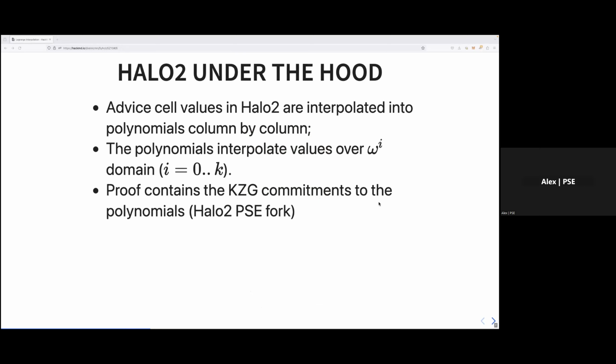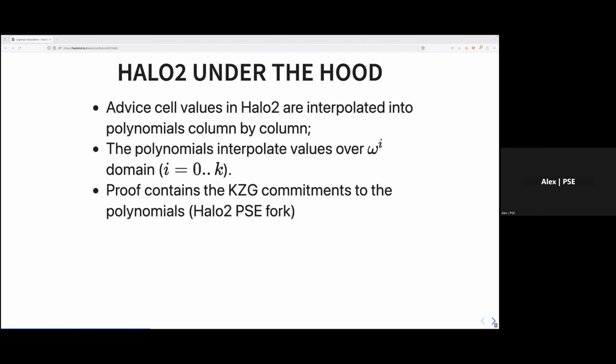So each column gets a polynomial, and the interpolation is done over the domain of the roots of unity of the finite field, and the powers of roots of unity go from 0 to k-1. And that is exactly the same k that you might have seen in the circuit. And this is the size of the domain, size of the circuit.